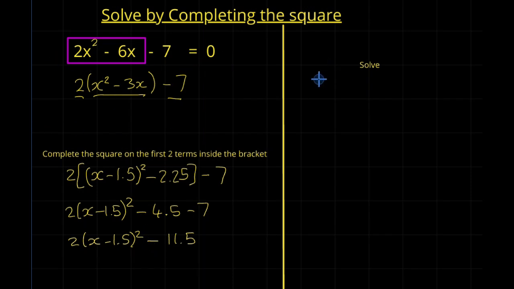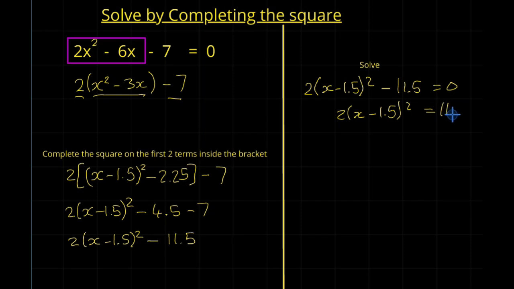Now let's go on and solve it. So let's write it out. This is the completed square version again, and we're going to set it equal to 0. Well, first of all, we move the 11.5. Then we can divide by 2.